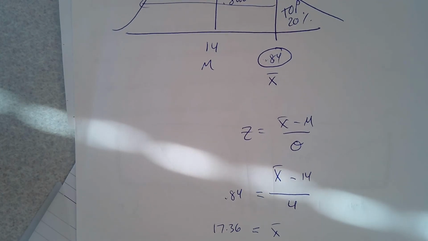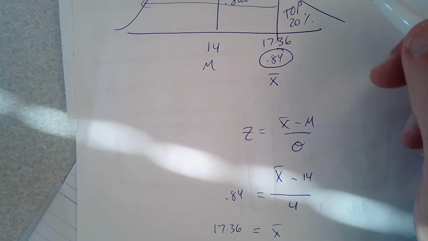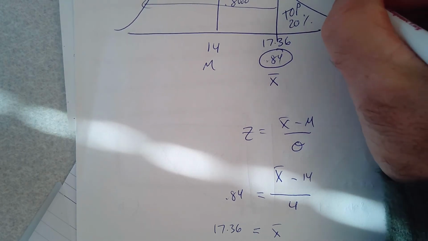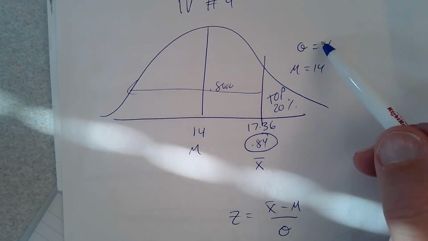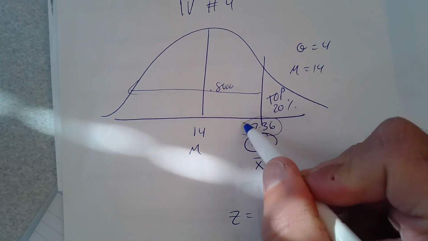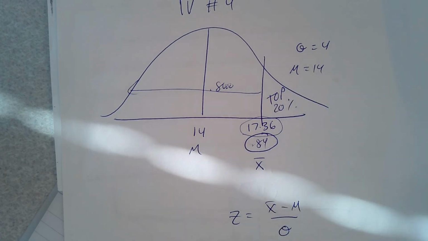So for this distribution, if your mean was 14 and your standard deviation was 4, if you score a 17.36 or better, you're going to be in the top 20%.